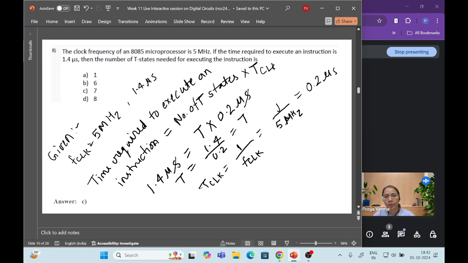So the number of T states is equal to 7. Now the correct answer will be C. C is the correct answer for this question.